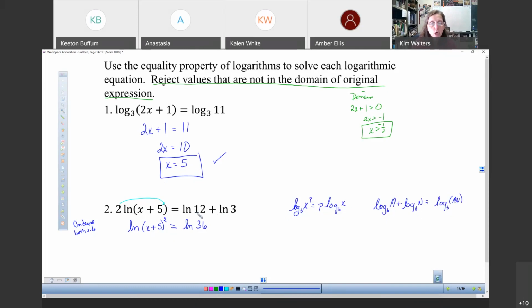And so this 36 here is 12 times 3, and that's how I got 36. Does that make sense in terms of the exponent and the 36? It is one of those little properties.